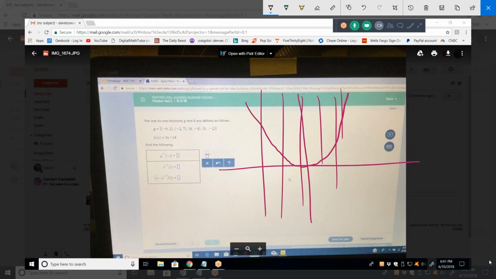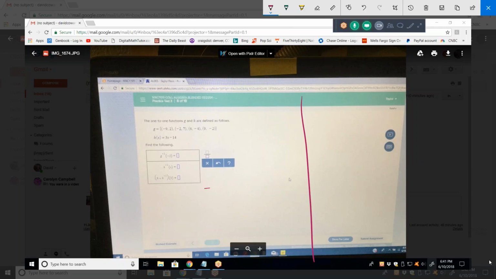Well, for a function to be one-to-one, it's got to pass a vertical and a horizontal line test. So is this parabola one-to-one? No, it isn't. It does not pass the horizontal line test. It'll pass through two points horizontally. So a parabola is not one-to-one.